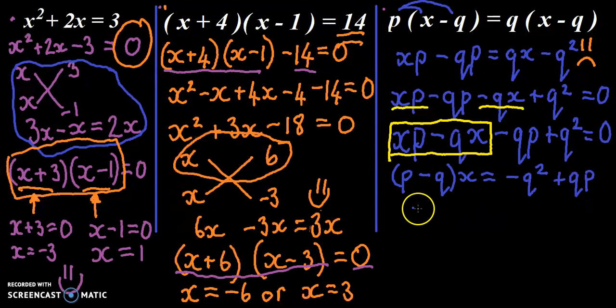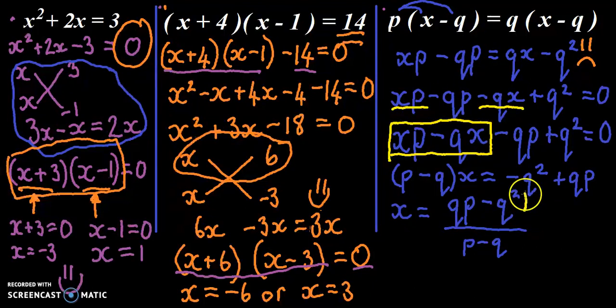And now we divide by that. So now we have x is equal to, let's rearrange the top, qp minus q squared over p minus q. But hold on a second, I can see something happening over here. We can take out a common factor of q, and then we'll be left with p minus q.